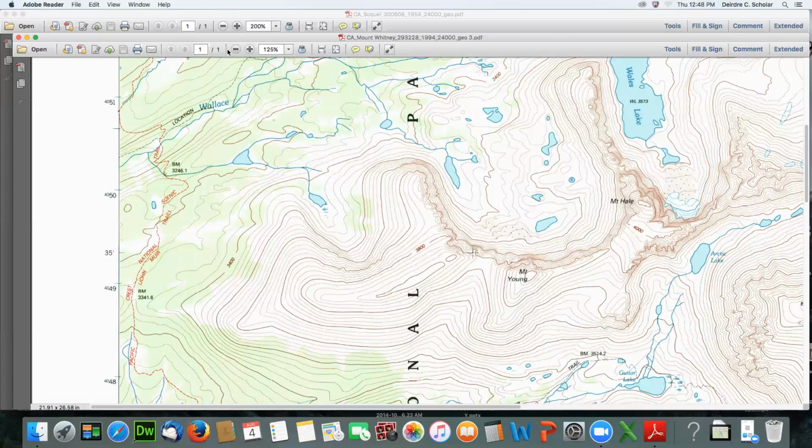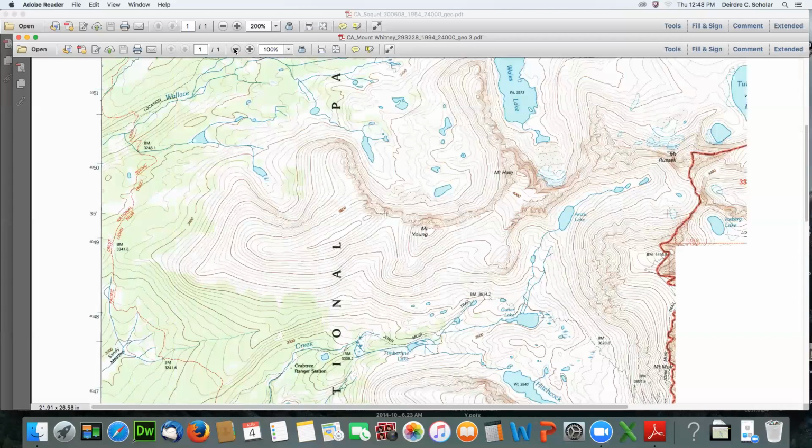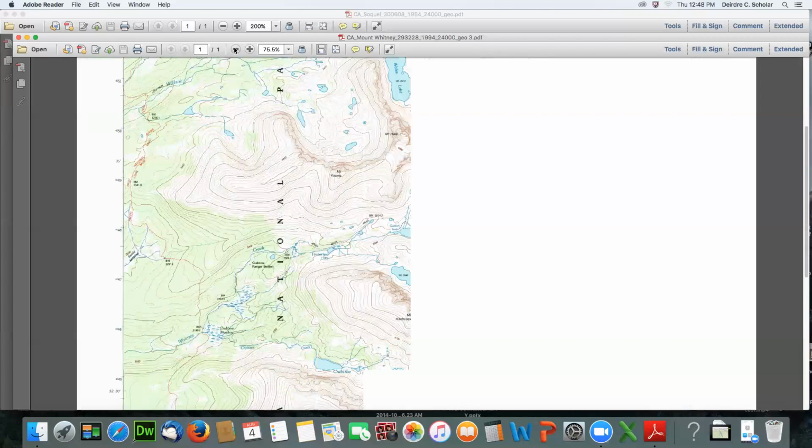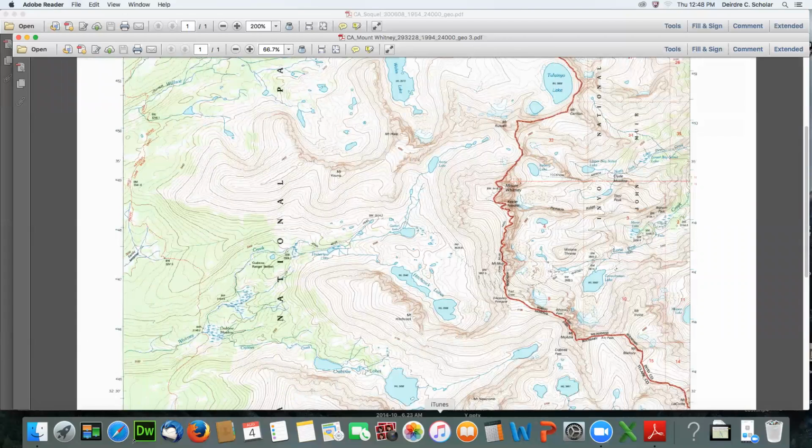So you can zoom out from a map. Let's do that with the Mount Whitney map so we can get that bird's eye view. And if we had to pick the areas with the steepest slope, well, it looks like right all along here, which is that ridge top of the Sierra Nevada mountains, is very, very steep.